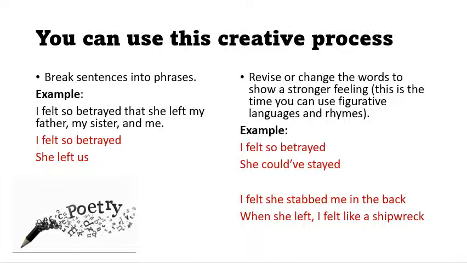Another creative way that I do is to change the sentences into something that will feel more dramatic. So I revise or change the words to show stronger feelings. This is also the time when you can use figurative language or rhymes.